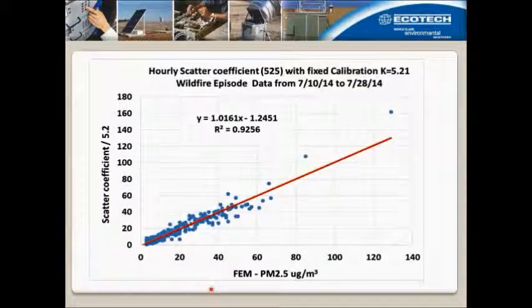When you plot the FEM versus the scatter coefficient, then you see that with that factor of 5.2 they correlate already pretty well within hourly numbers. So that shows the ability of measuring PM2.5 pretty neatly with a nephelometer.